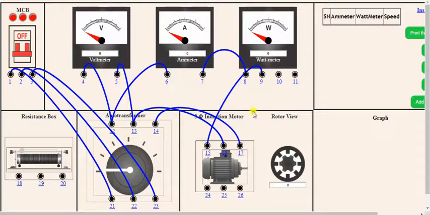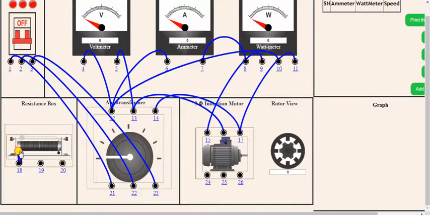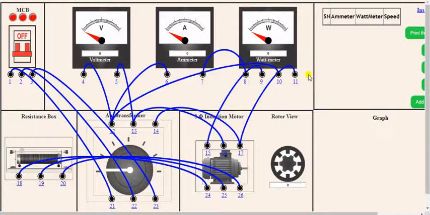Now wattmeter point 10 is connected to 12, then the pressure coil 11 is connected to 17. Now connect the rotor resistance to the rotor terminals, 18 to 25, then 20 to 26. So we have completed the circuit connections.